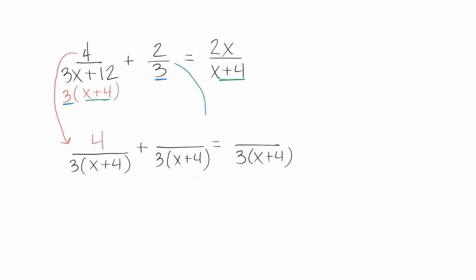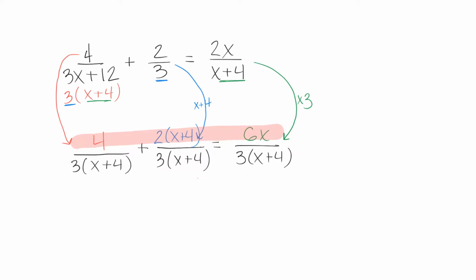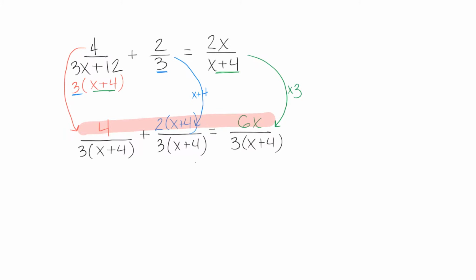In the second one, we needed to multiply by x plus 4. So we're going to have 2 times x plus 4. And on the right side, we needed to multiply by 3. So 2x times 3 is 6x.